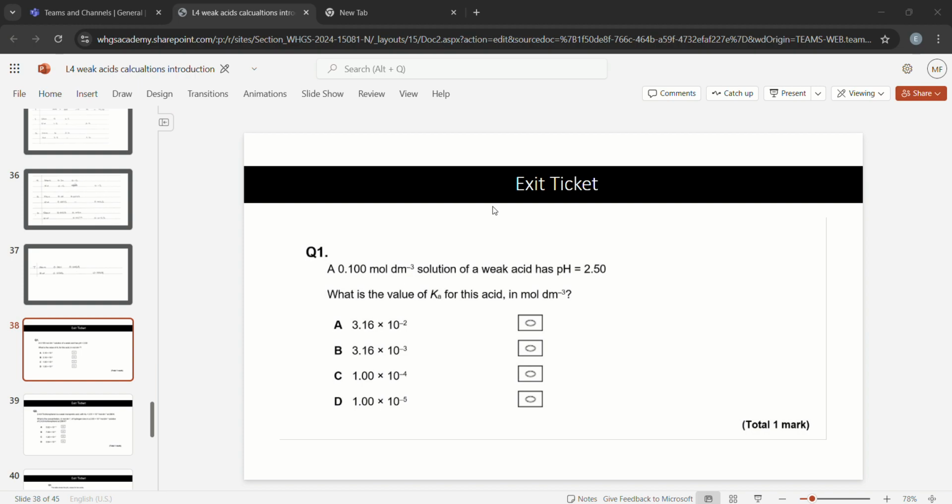The value of Ka is, okay, so how do we do this? Well, Ka is H plus A minus over HA. But we've only got one solution, so we can say Ka is equal to H plus squared divided by HA. It's really not extremely difficult.